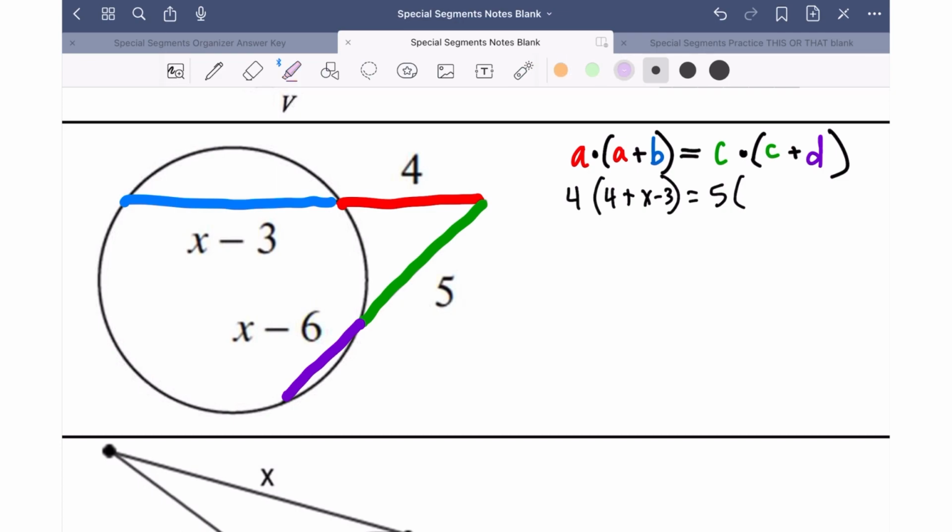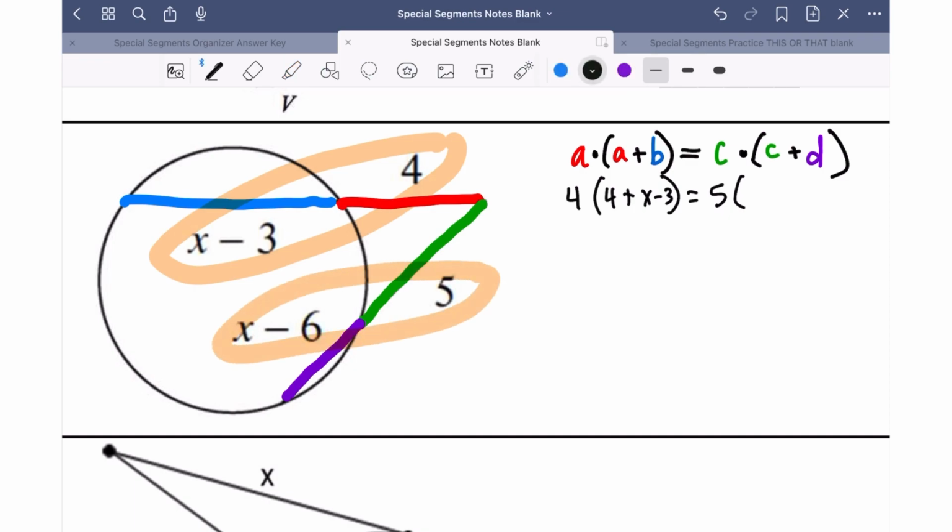Actually, let me use a highlighter. So together, okay? Okay, it looks a little crazy, but just write it down. We're using the formula again. Outside times the whole equals the outside times the whole thing of that one.